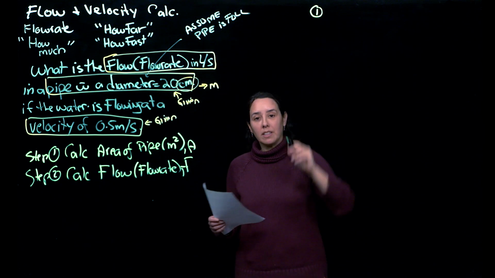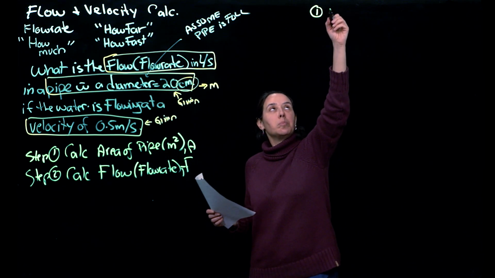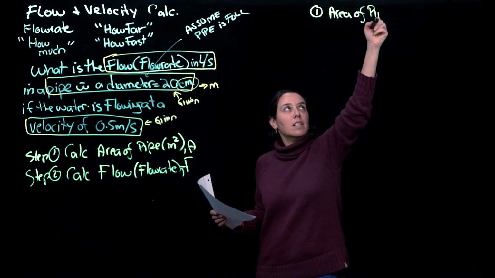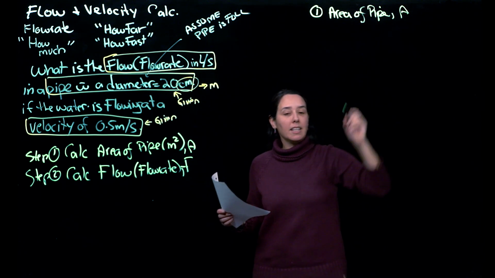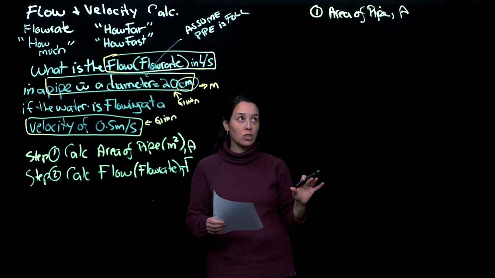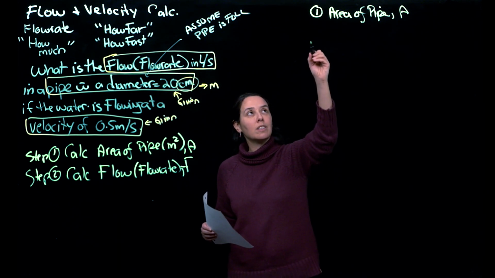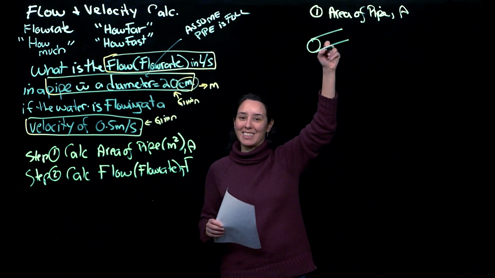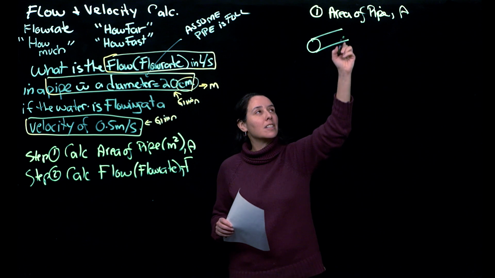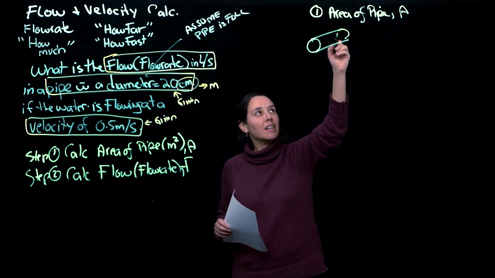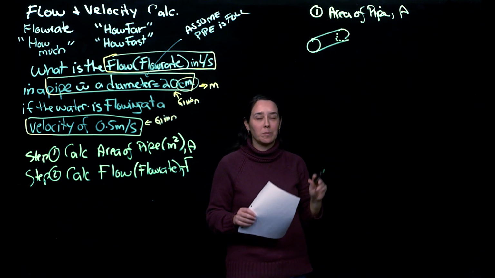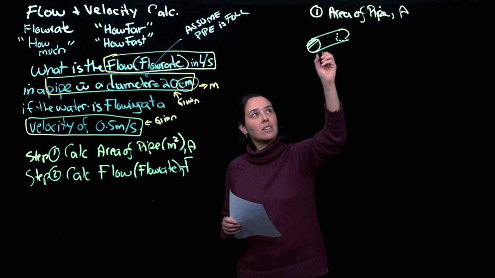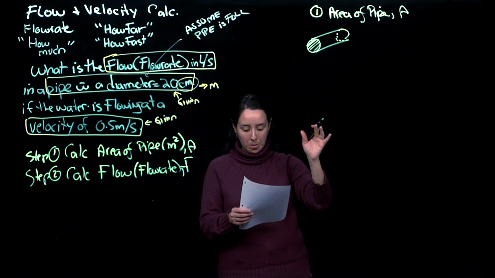So let's start with step 1, the area of the pipe, A. We've got a pipe, so it's going to be cylindrical. I'm going to do a sketch for you. We all know what pipes look like, which isn't what this looks like, but just imagine it in your brain a little bit. That's my pipe. When we're doing the area, it's the cross-sectional area through the pipe itself.